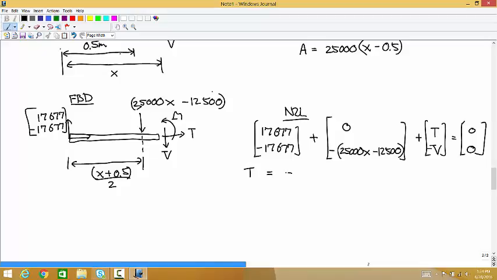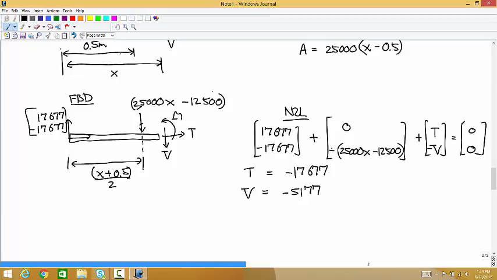So T is equal to negative 17,677. V is equal to negative 5,177. Is that right?